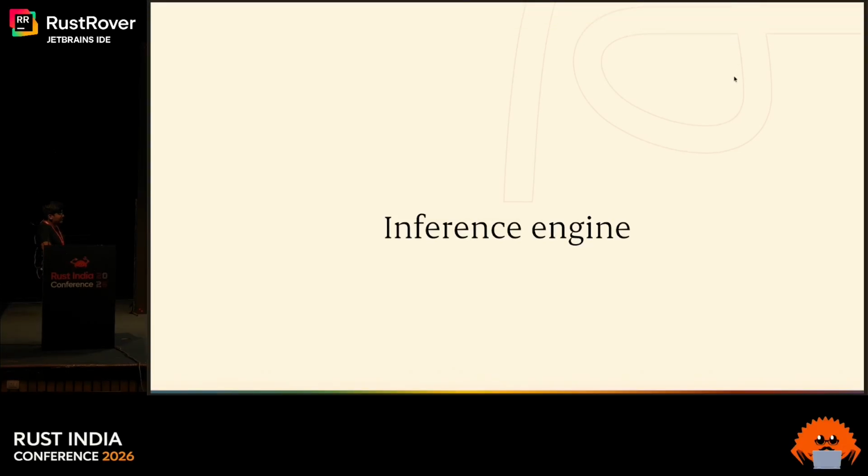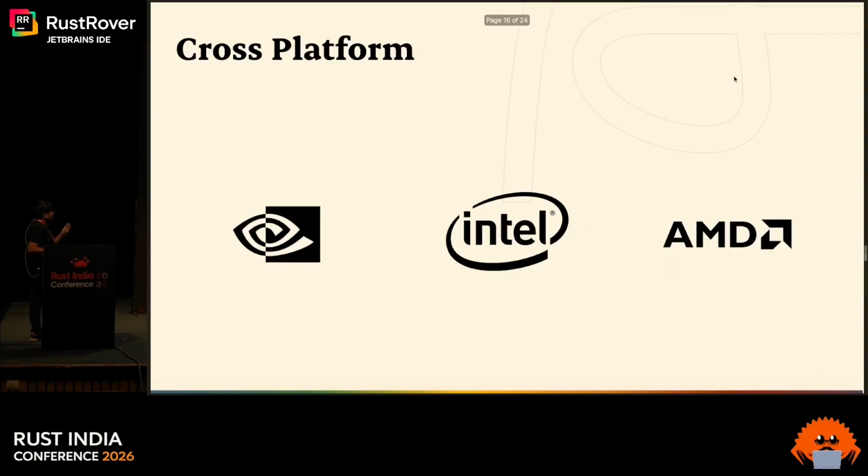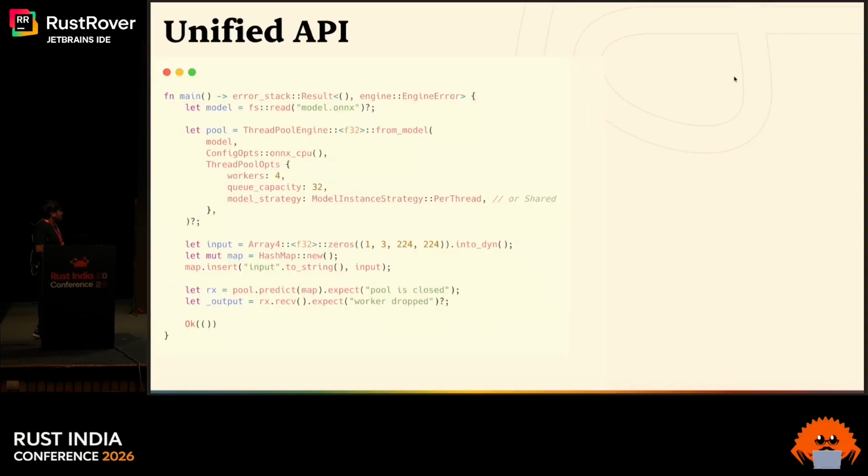We had to build our own inference engine to run the models on the user's machine, entirely in Rust. We had to make it cross-platform because our users are on macOS and Windows, and it has to support the special architectures of NVIDIA, Intel, and AMD. So the inference engine we ended up building has a really unified API.